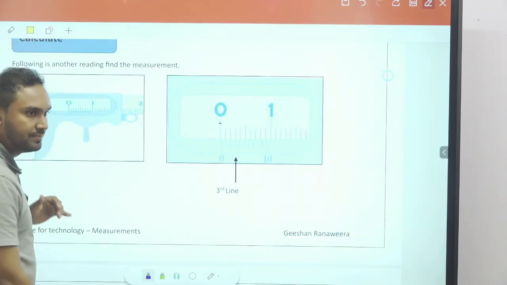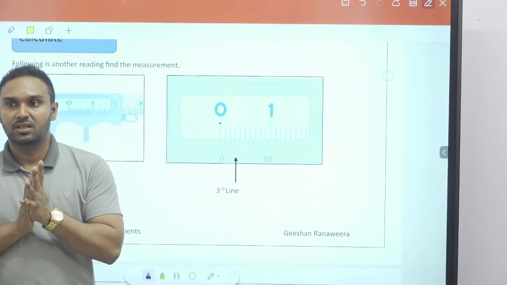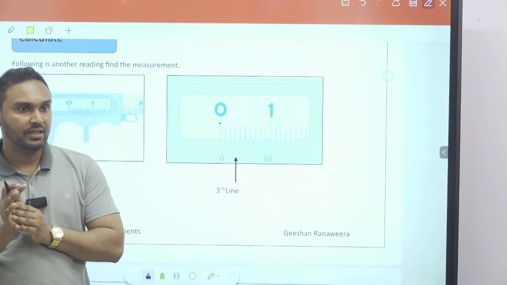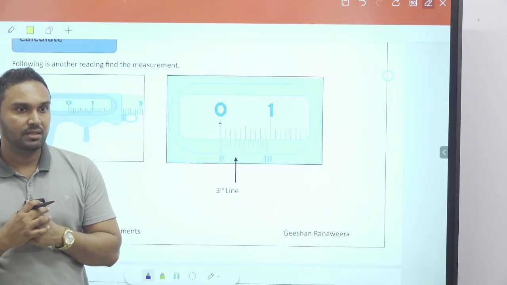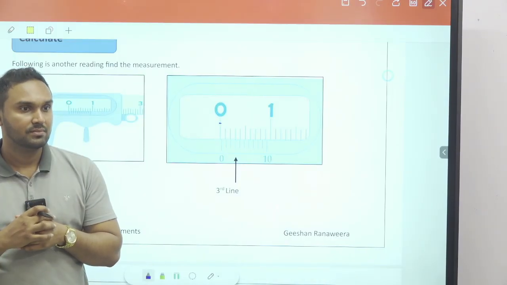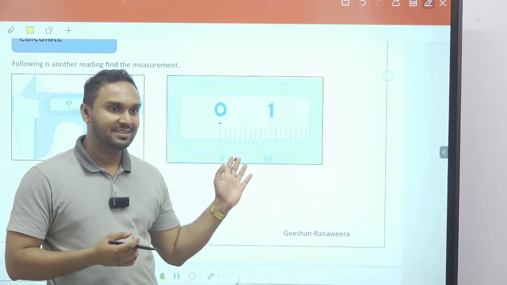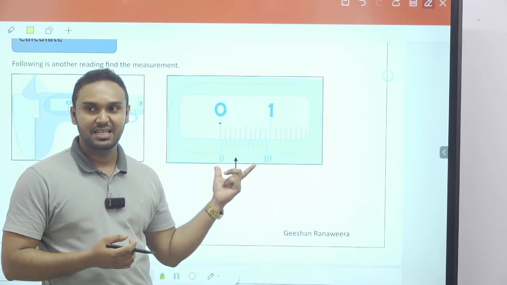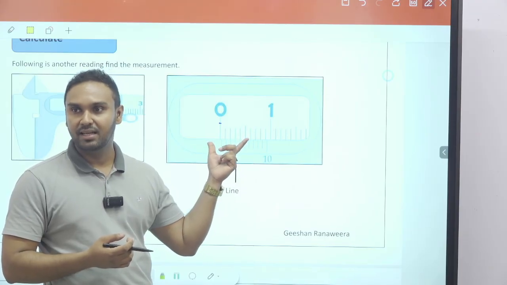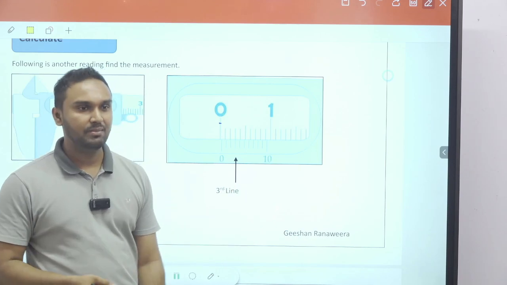Is the least count given? No. So how do you take the least count? You have to check the number of vernier lines aligned with the main scale lines. How many vernier lines are there? 10 vernier lines are there. Aligned with how many main scale lines? 9. So 9 aligned with 10 is usually 0.1 millimeters, right?